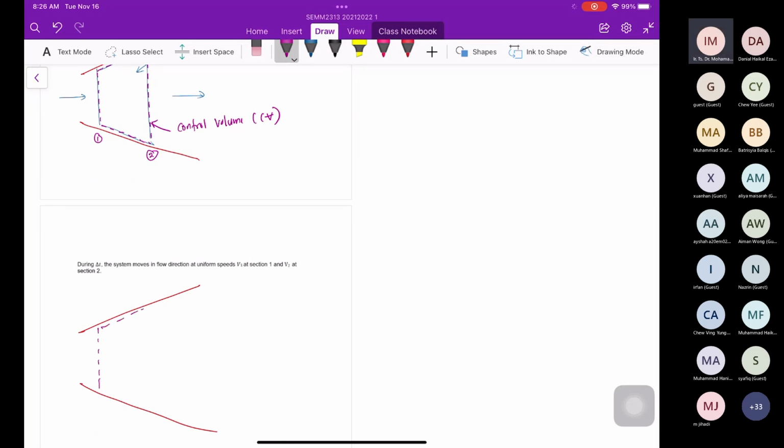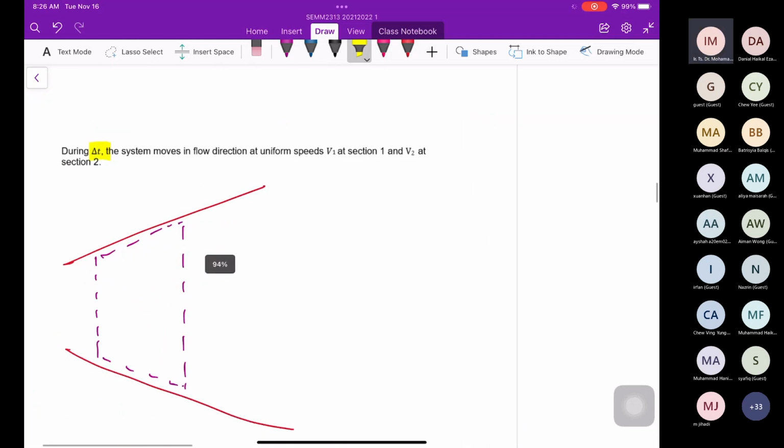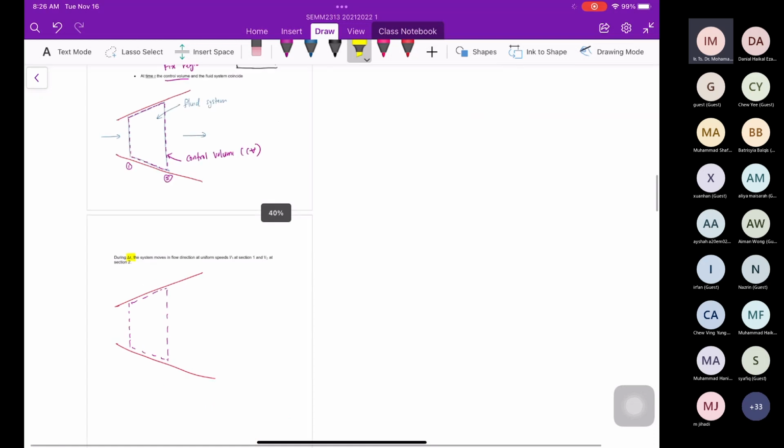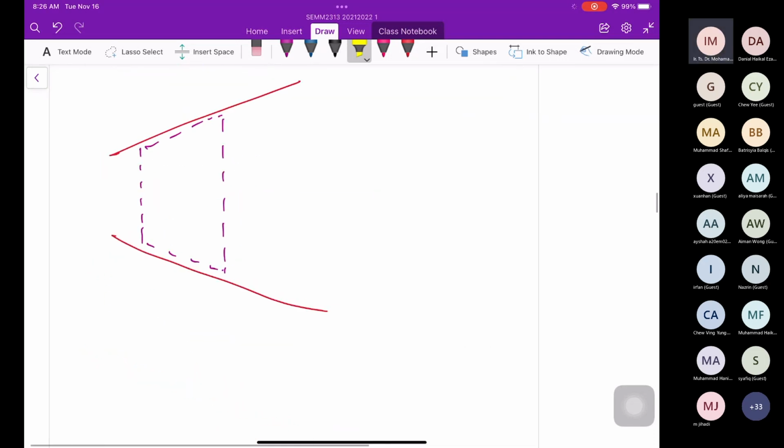Remember, control volume is always fixed. However, the fluid system will always move because it follows the fluid. Let's say after the delta t, the fluid will move. This is the new fluid position.